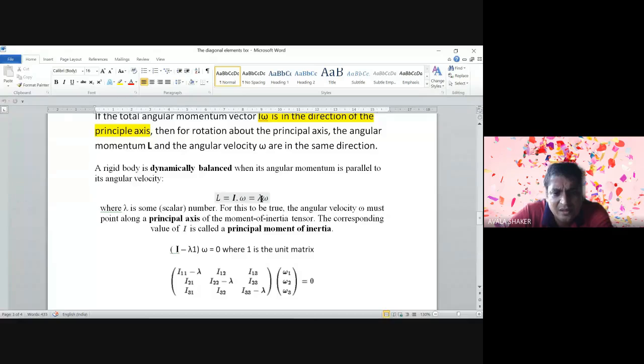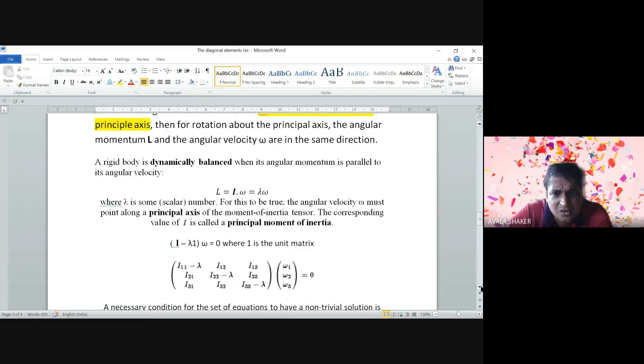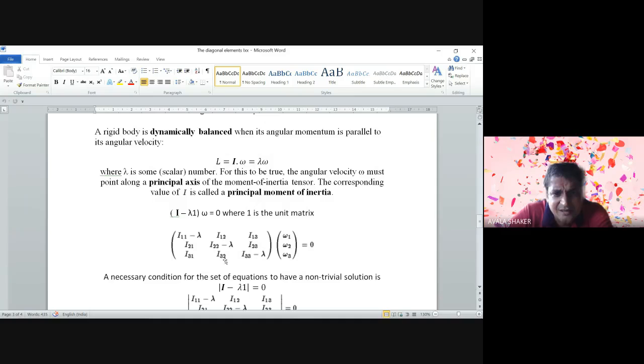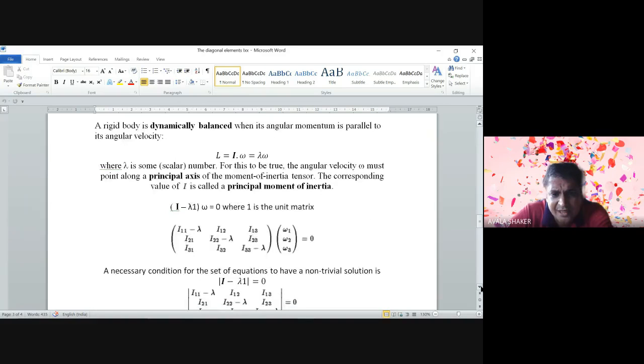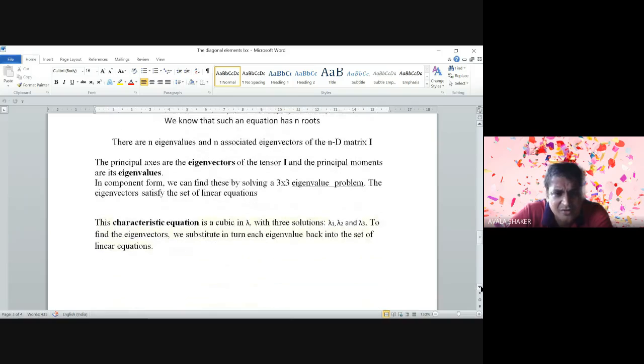Lambda will not give you any direction as such; lambda is in the direction of omega, and the other condition is that you diagonalize the matrix. This one is diagonalized, so it will have only the diagonal components, and that will be your principal axes.